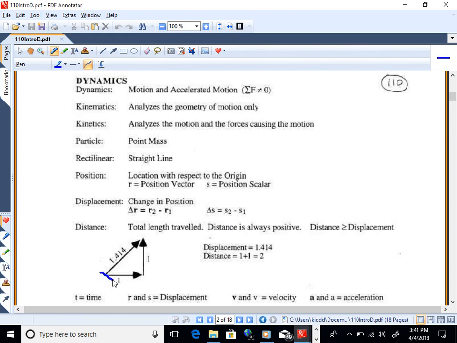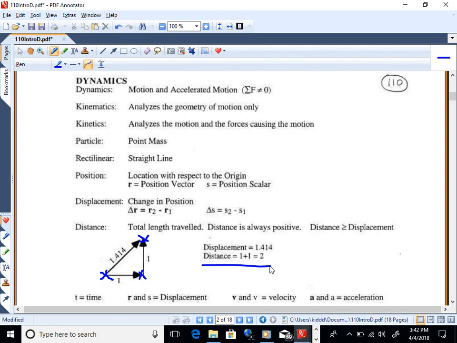We're going to start here, go a mile east and then a mile north. Now the displacement is 1 squared plus 1 squared and take a square root. It's 1.414. It's along that hypotenuse. The distance is 1 plus 1, and that equals 2. Okay? So that's the difference.